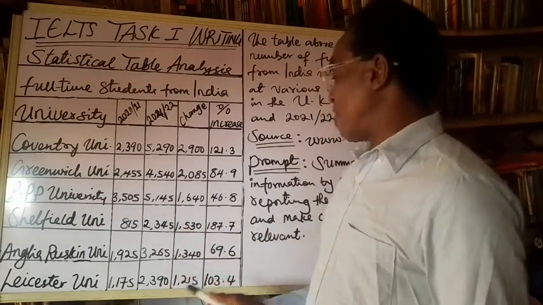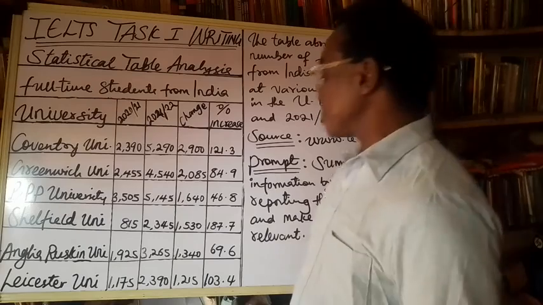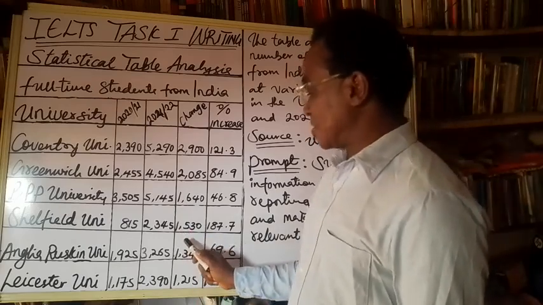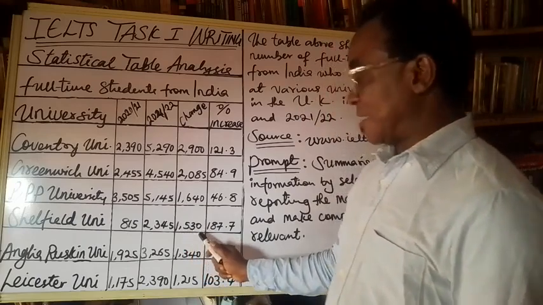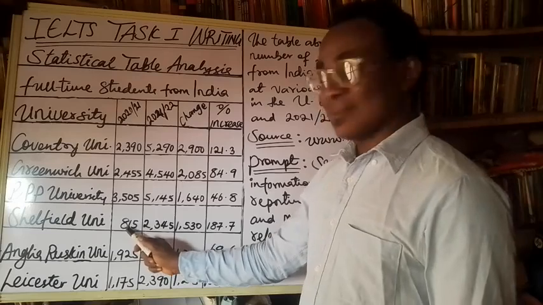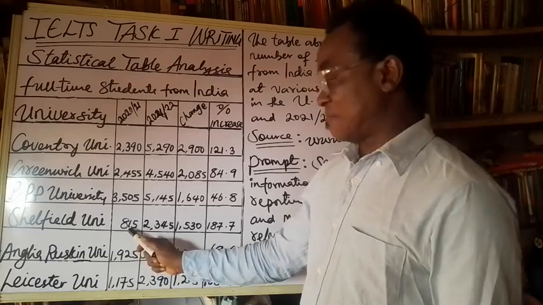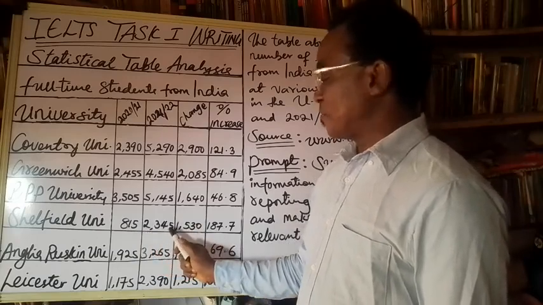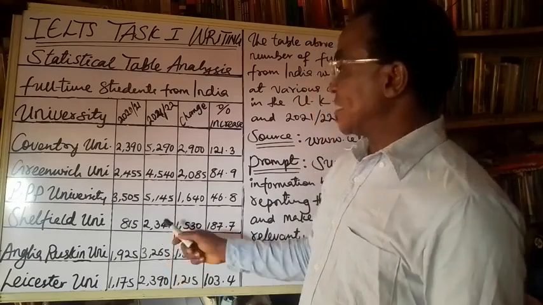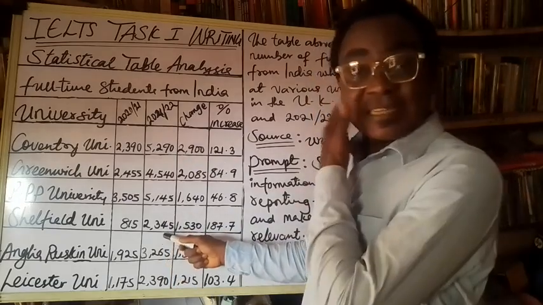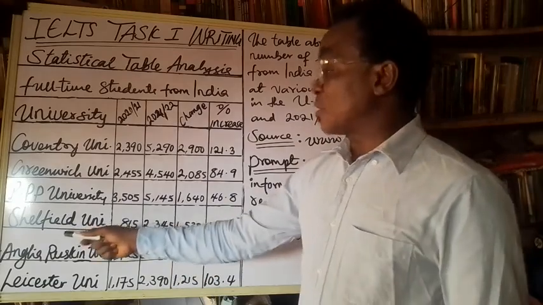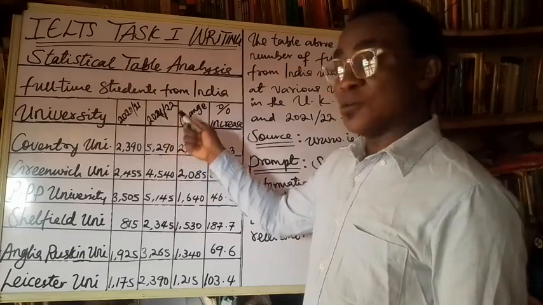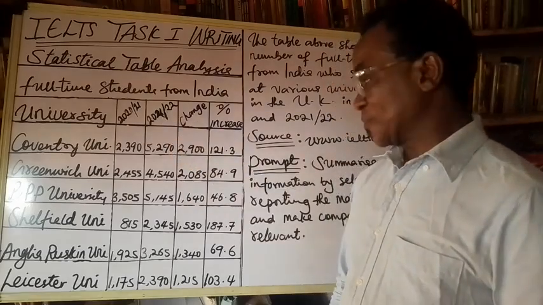Just by way of an example, if you say 1,530 plus 805, you get 2,354, which is the figure for Indian enrollment into the University of Sheffield, UK, in the period 2021/22.